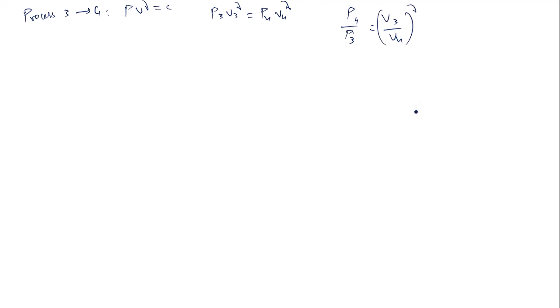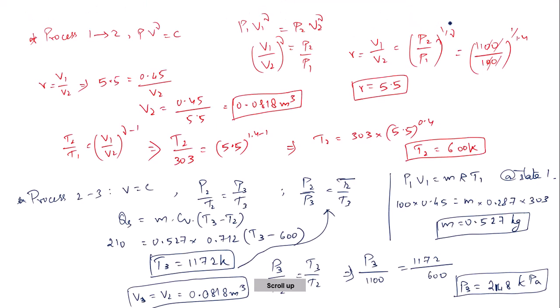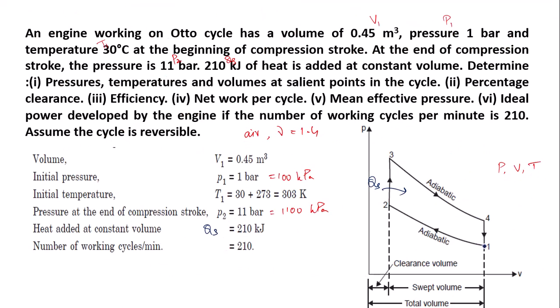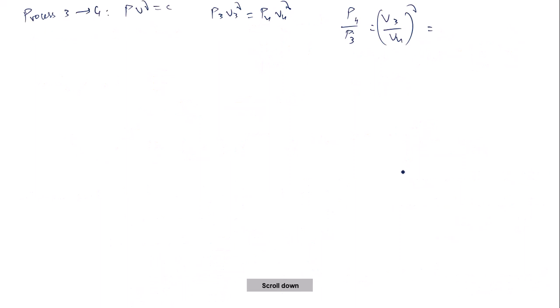This can be simplified, because from the cycle we know that process 4 to 1 is a constant volume process, so my V1 is equal to V4. Similarly, process 2 to 3 is a constant volume process, so V2 is equal to V3. So instead of V3 I am putting V2, instead of V4 I am putting V1, and the whole power gamma.